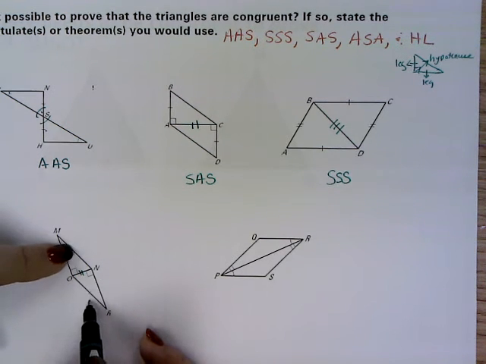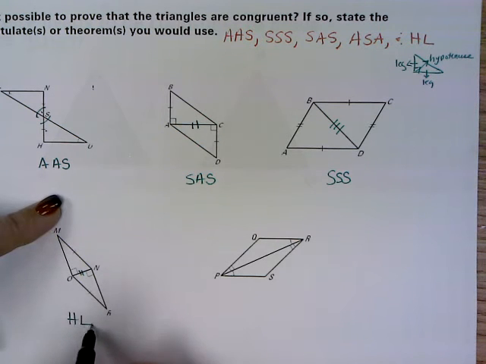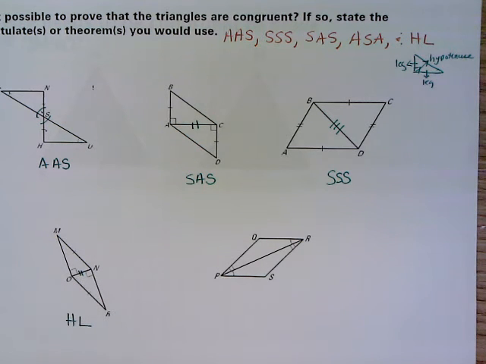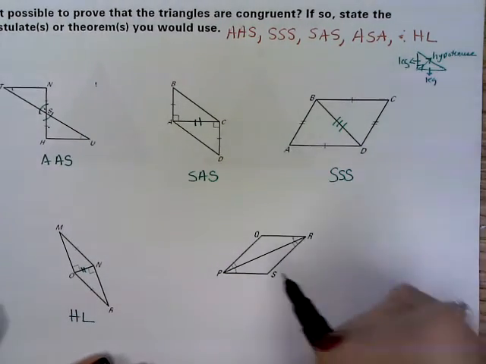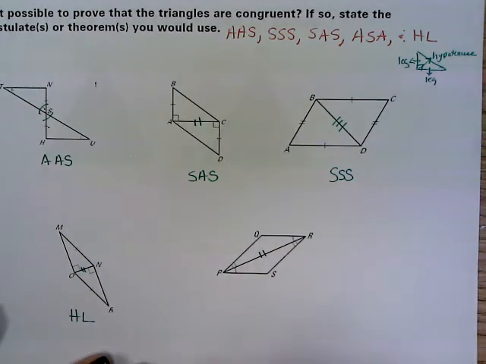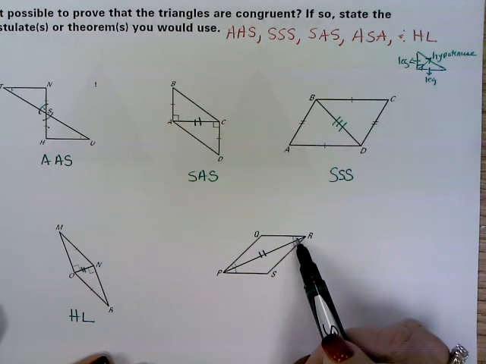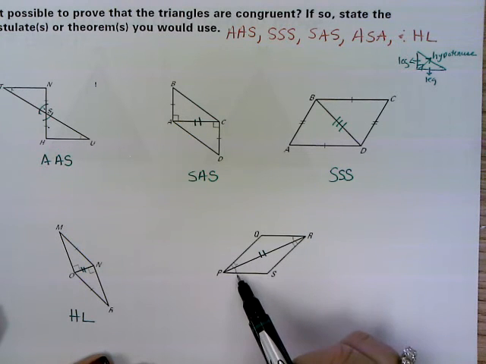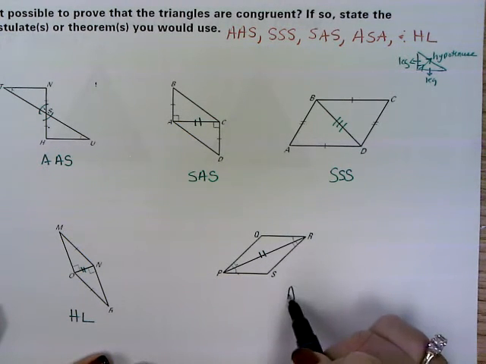That is a leg, that is the hypotenuse, that's who I'm referencing, hypotenuse leg. And again, in my last triangle, my reflexive side, I don't know why I put 2 marks, but that's okay. My reflexive side is reflexive to itself. So I have an angle, a side, and an angle.